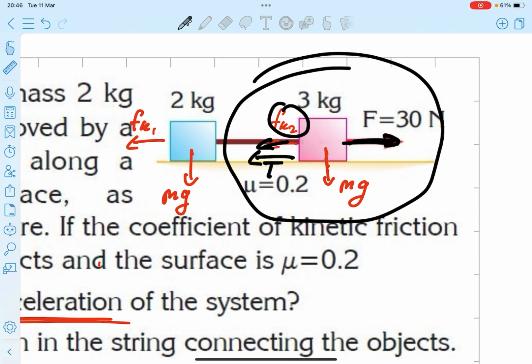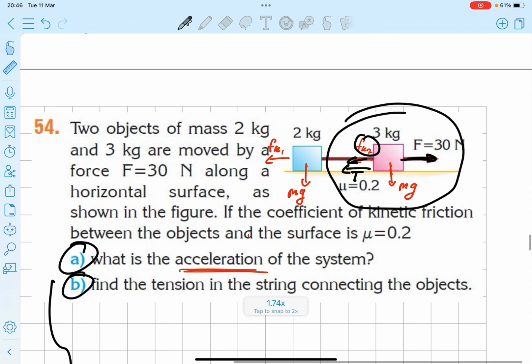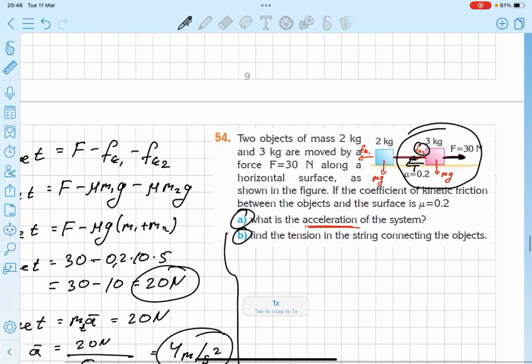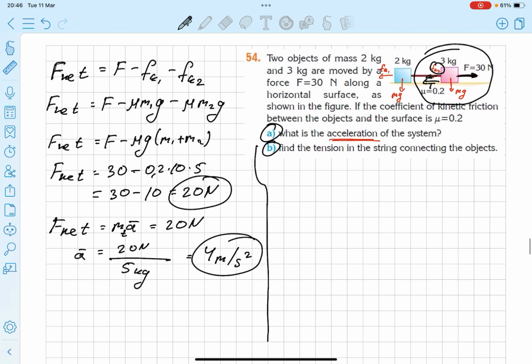This tension is stopping the motion, yeah? So from these givens we can make an equation, yeah? This is part B, F net will be equal to 30 newtons minus force of kinetic friction 2 minus the tension. And we have to define this tension here, yeah? So here, I will replace this F net with the acceleration of the second object.